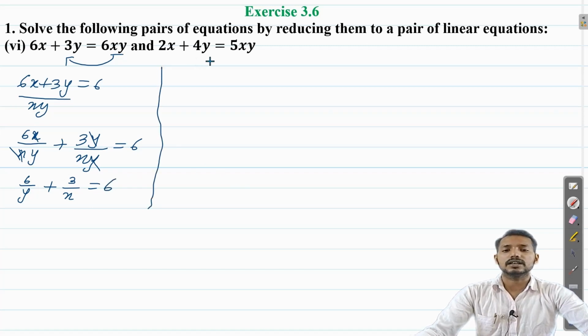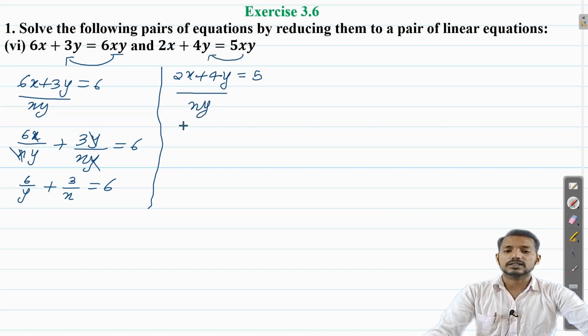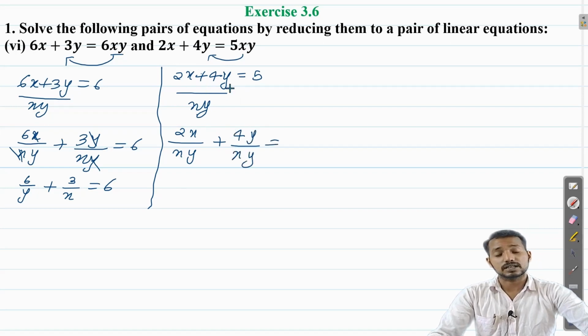Similarly, in the case of the second equation you can do like this. 2x plus 4y is equal to 5. This xy we bring to the left side, so it will be divided by xy, so that we can separate the variables. So 2x divided by xy plus 4y divided by xy, terms separated, equal to 5.